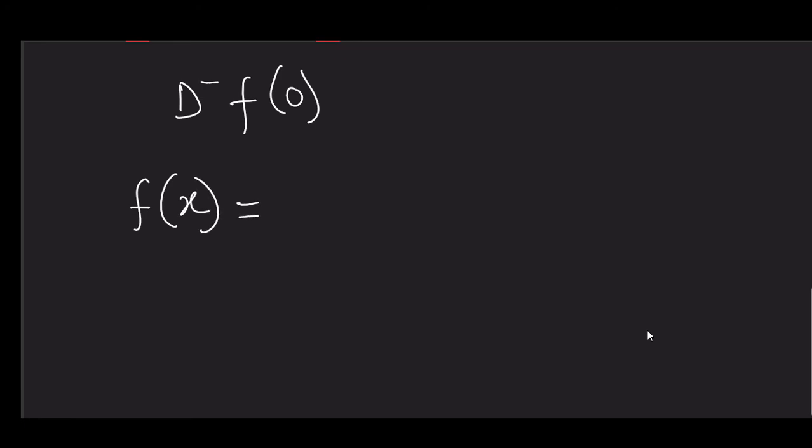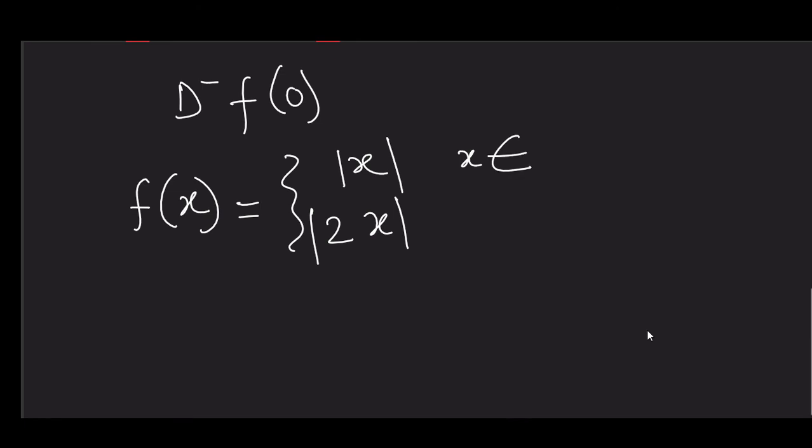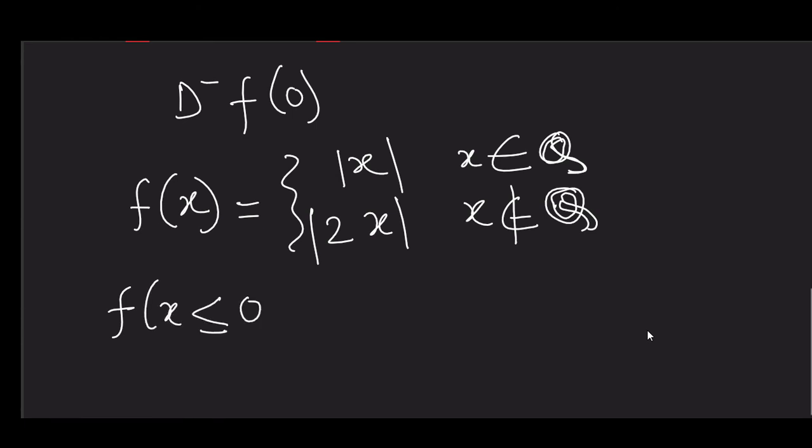The original definition of the function was x for x belonging to Q, and 2x when x does not belong to Q. When x is less than or equal to 0, it will be perfectly okay to write it in this way, because if you pick a value of x that is already a negative number, it will return a negative number.